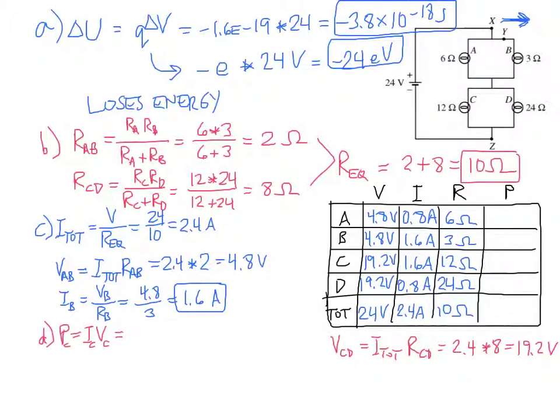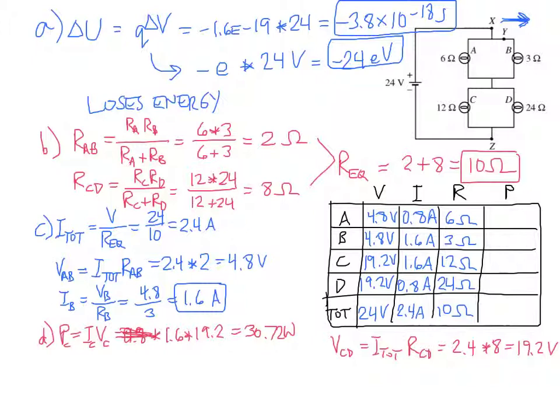The current through bulb C is 1.6 times the voltage across bulb C, which is 19.2, and that is equal to about 30.72 watts.